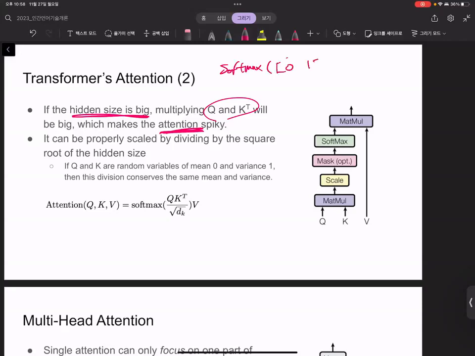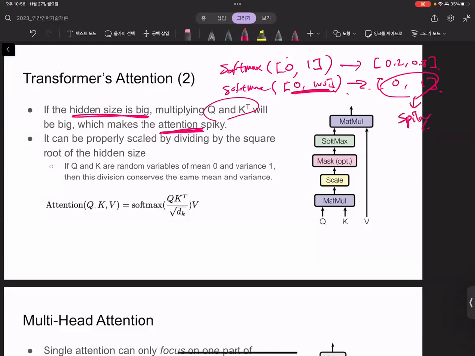For example, softmax of these two, what are the results? It will be 0.2 and 0.8, I think. And this will be 0 and 1. This is more spiky.